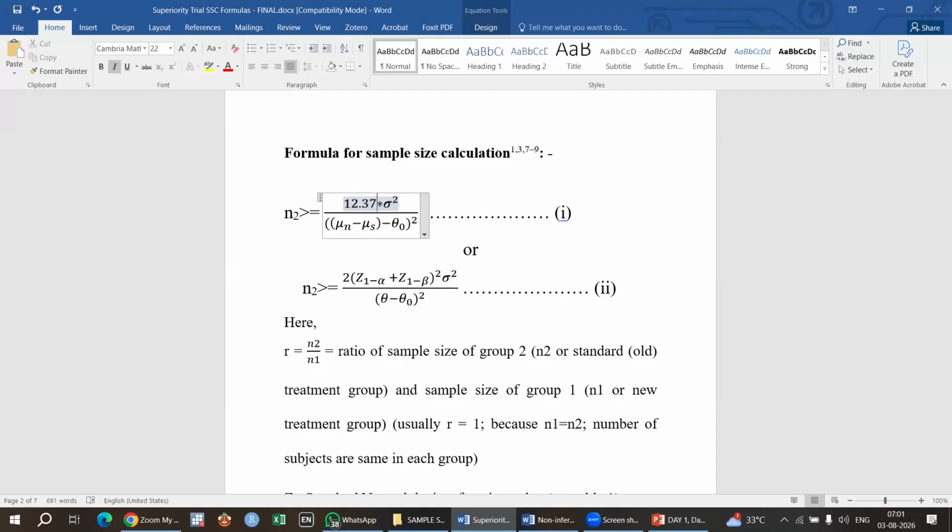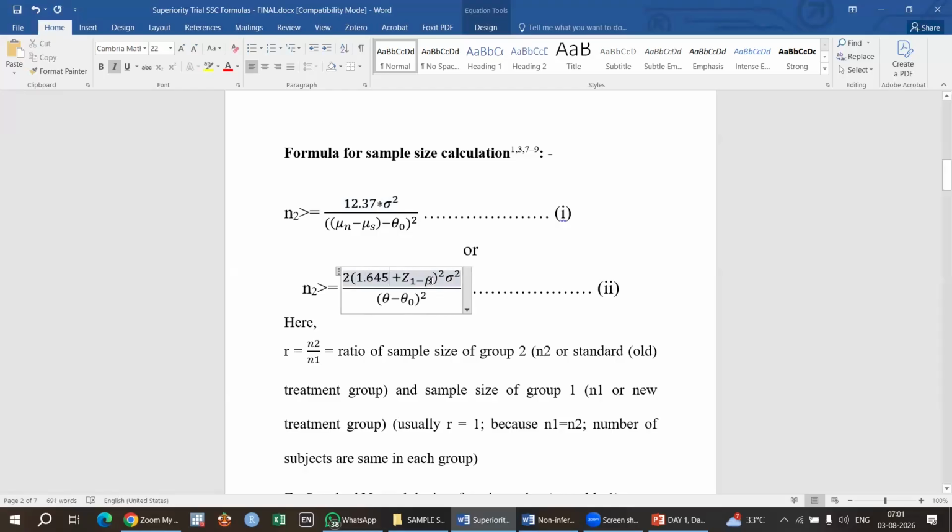Power of 80%. Yes. Got it? Power of 80%. Please tell me, this is Z1 minus alpha. You have written here 1.645.